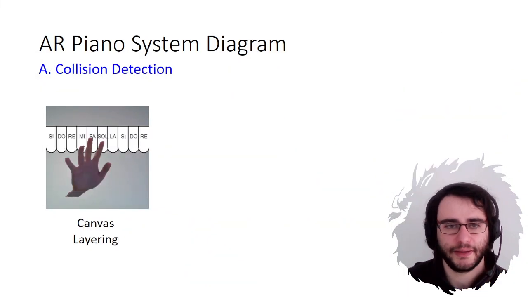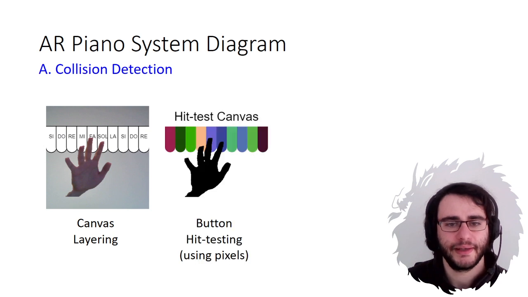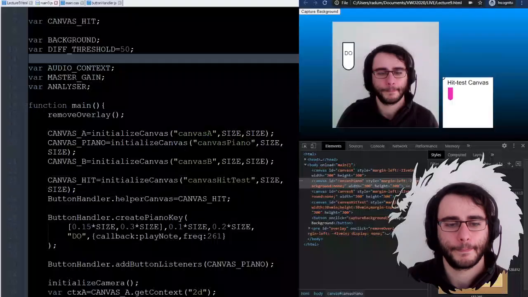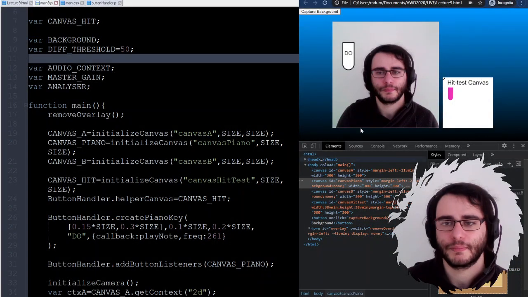So we have that down, the collision detection. So I want to update the hit test canvas so that it doesn't react to just the mouse location, that circle that you can see moving here. Yeah, this.